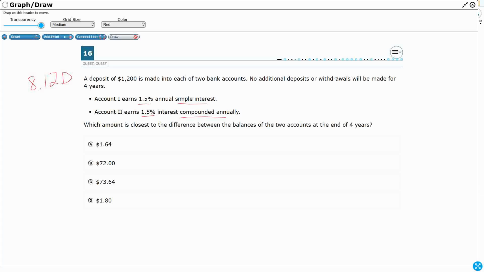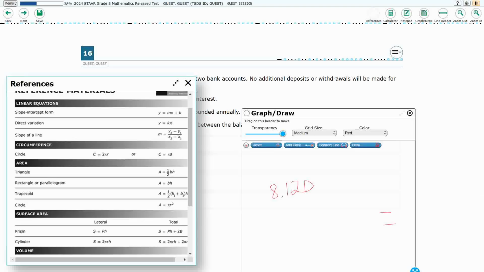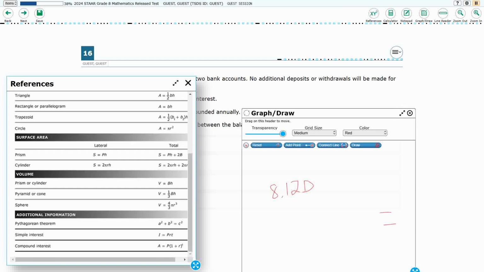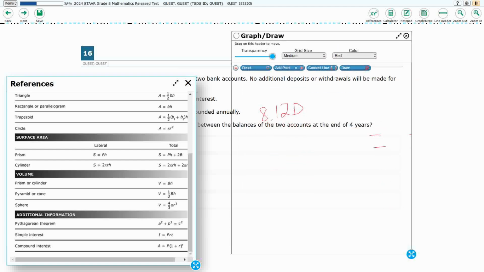Let's see, do we have anything on our reference materials? Okay, so we've got simple interest and we've got compound interest. Let's go ahead and just copy both of those down. We will need that. So simple interest, I'm just going to put S sub I equals PRT.